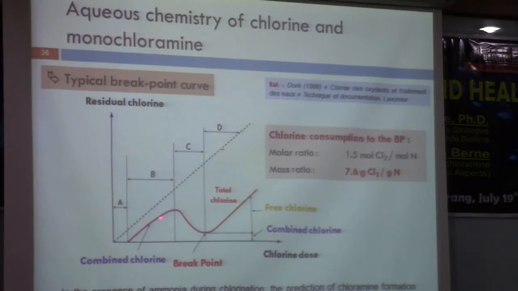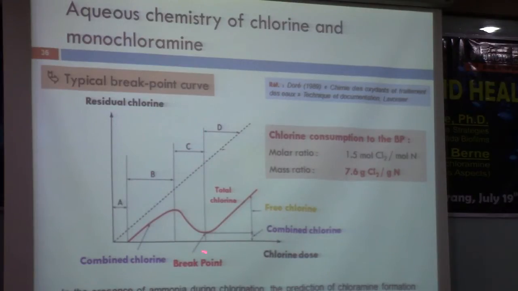This first part of the graph represents the formation of the chloramines, mono and also a few dichloramine. This part of the curve represents the destruction of the chloramines. That is to say, up to this point, you have only combined chlorine, mono, di, and a few trichloramine.